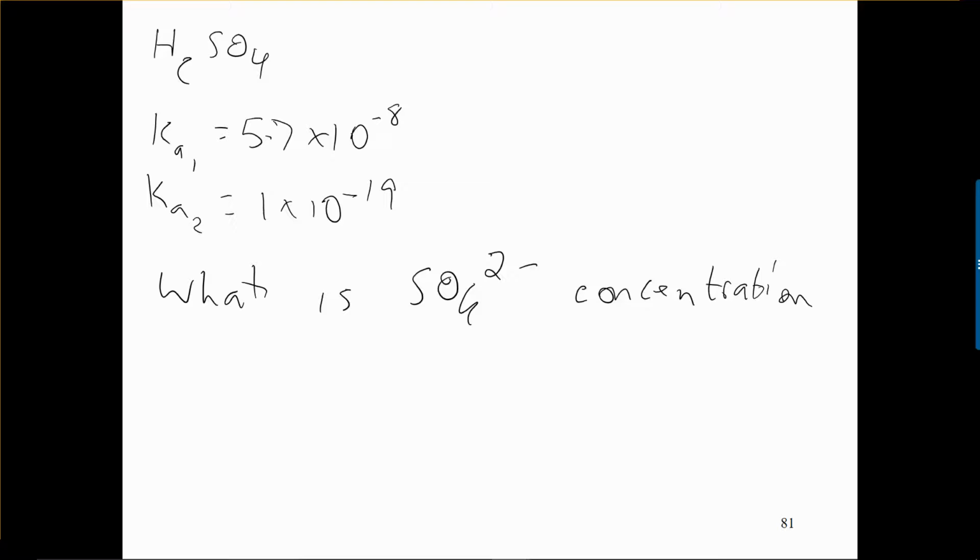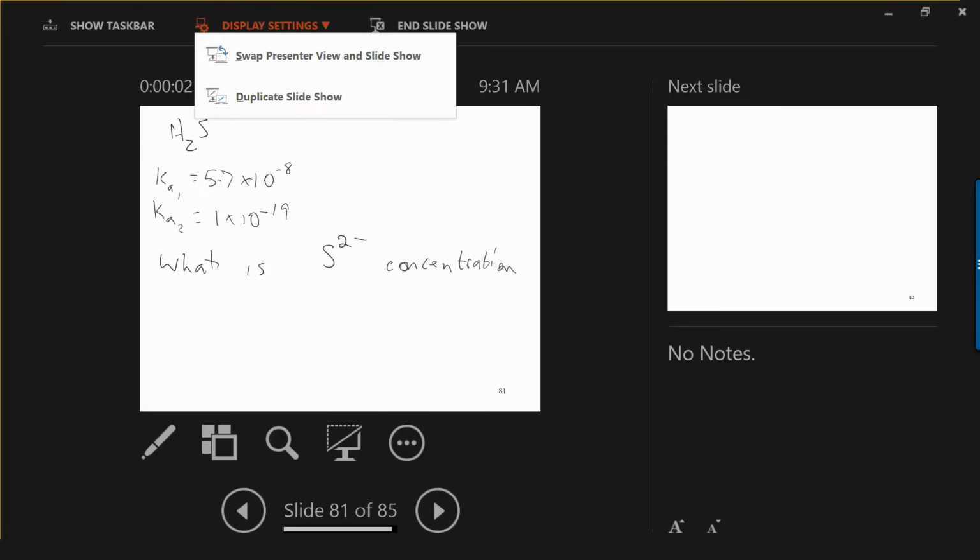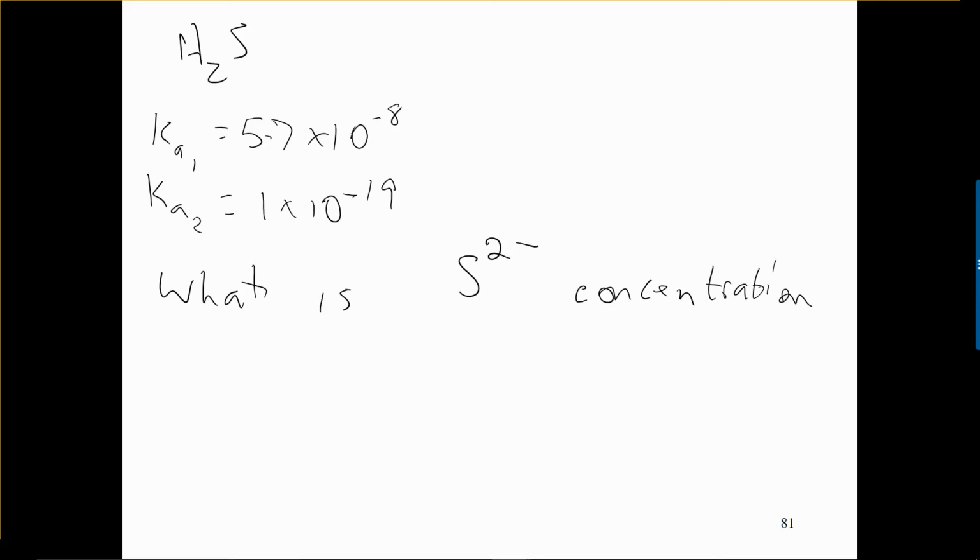H2SO4, sulfuric acid. Is it hydrosulfuric or sulfuric? Hydrosulfuric. I'm sorry. And it's asking for the concentration of sulfide. So H2S, and we want to know the concentration of S2 minus. To do this question, the answer is very simple because it's staring you in the face, but we're going to see why.